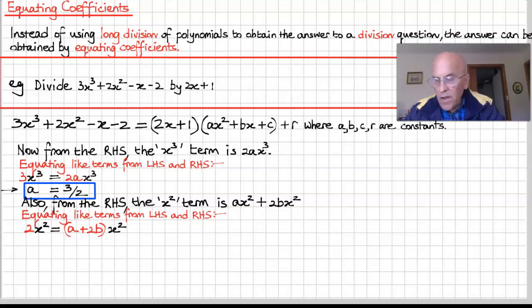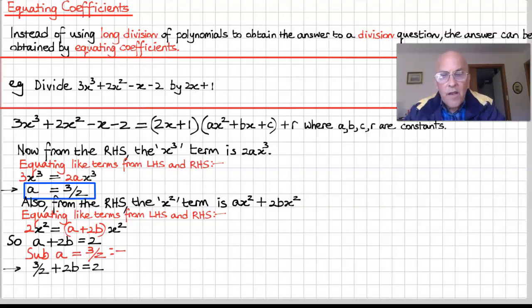Therefore, we can equate the coefficients now, and we can say that a plus 2b equals the 2. And we already know that a is 3 over 2, so let's substitute that. And we can say that 3 over 2 plus 2b must equal the 2. And we solve it now for Mr. b. So therefore, we know that 2b is equal to 2 minus 3 over 2, or a half, and therefore b must equal 1/4. How do you like it?